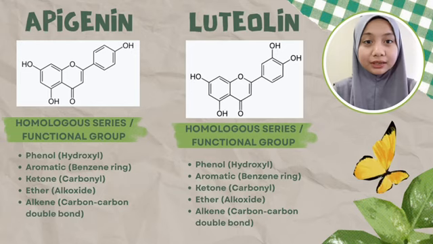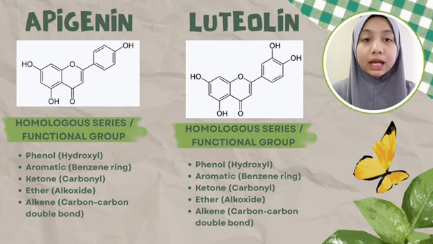Based on the chemical structures shown, these compounds are known as apigenin and luteolin. From the structures, several functional groups and homologous series can be identified. First, both apigenin and luteolin contain phenol groups, which are OH groups attached directly to aromatic rings. The functional group for phenol is hydroxyl.